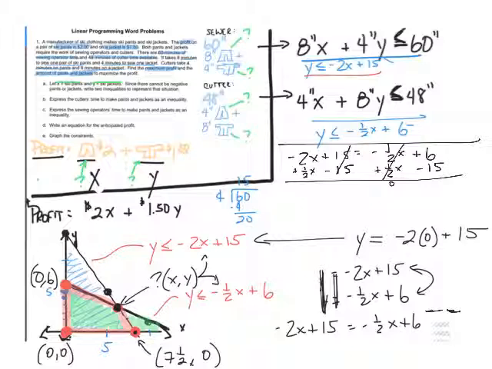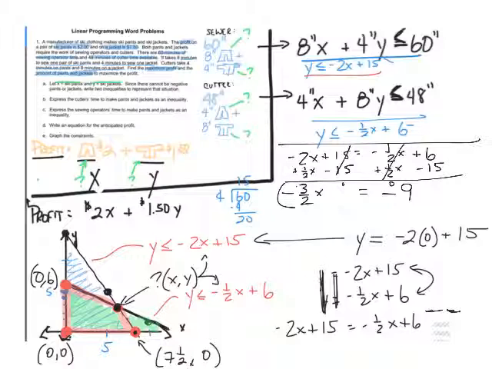Positive 15 minus 15, that's 0. The equal sign stays there. Negative 2x plus 1/2 x, that's going to be negative 3/2 x is equal to, let's see, negative 15, and I add 6 to that, that's going to give me a negative 9.